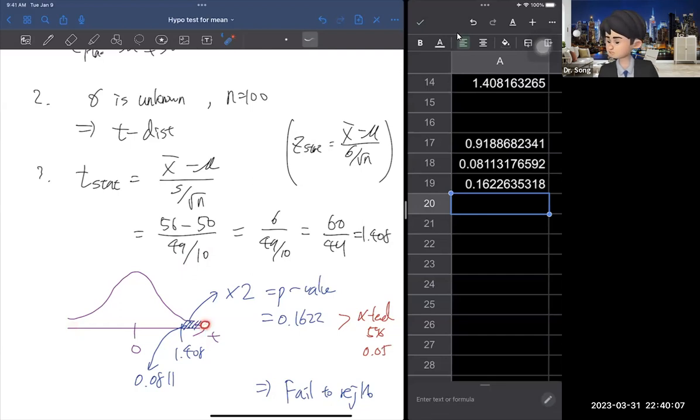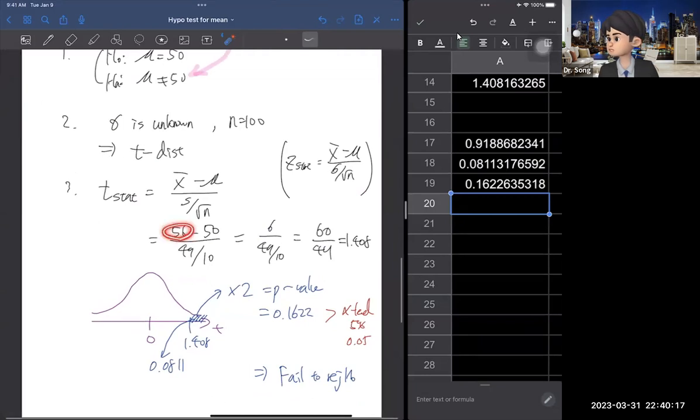Then the p-value is very, very small. So if you have a small p-value, that means you have really strong evidence to reject the null hypothesis. But in this case, because the sample mean and the population mean are not that different, our test statistic is not that large. That's why the p-value is greater than 10%. So even though we are using the alpha level 10%, our p-value is still greater than 10%, then we fail to reject the null hypothesis. That's it.